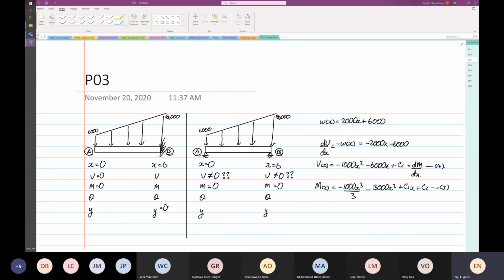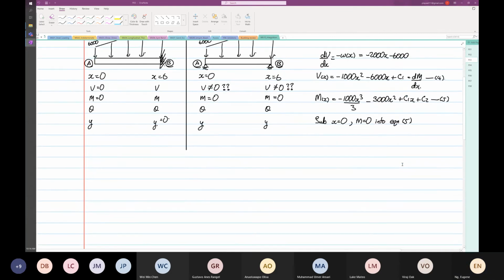So now we know our boundary condition for the moment. Yes or no? We are aware. So we're going to substitute when x is equal to 0, moment is also 0, into equation number 5. When we substitute, we realize that C2 is equal to 0.